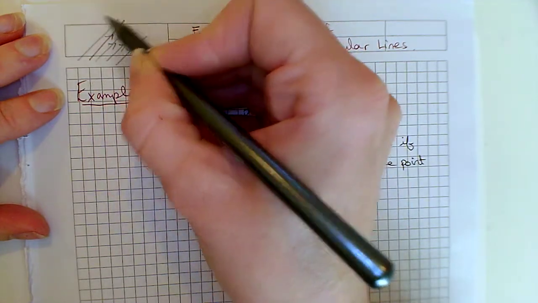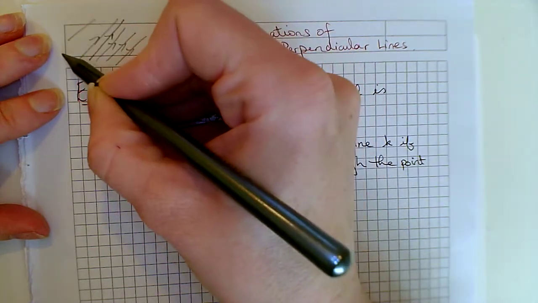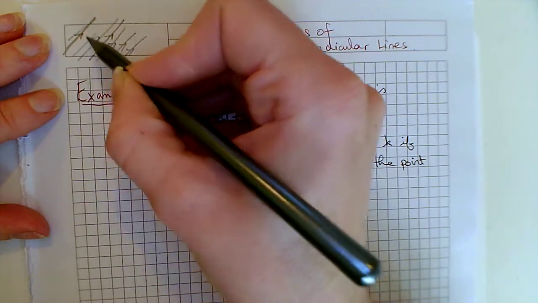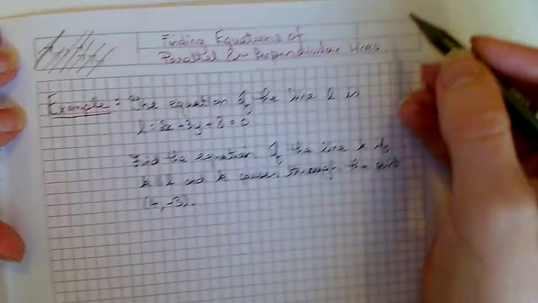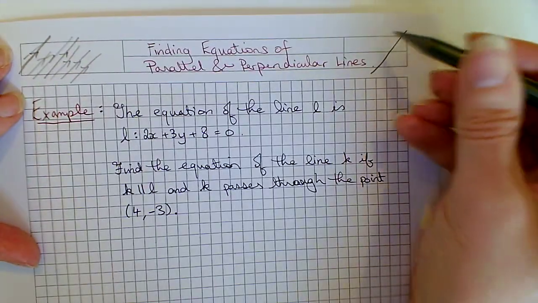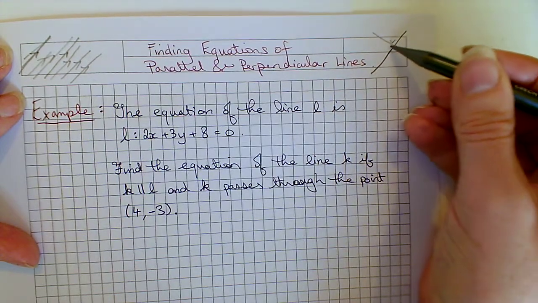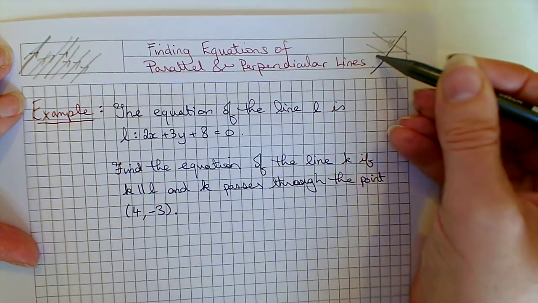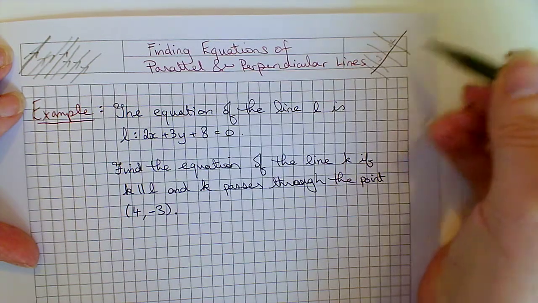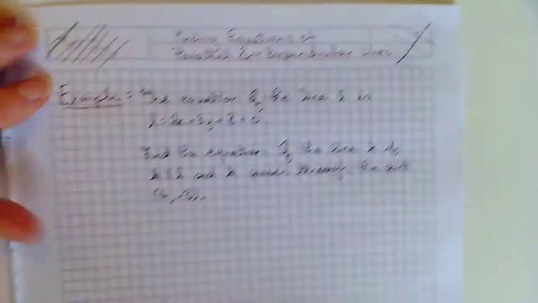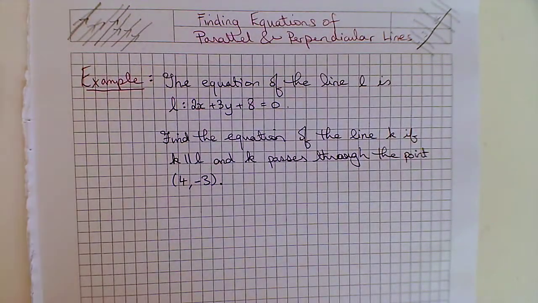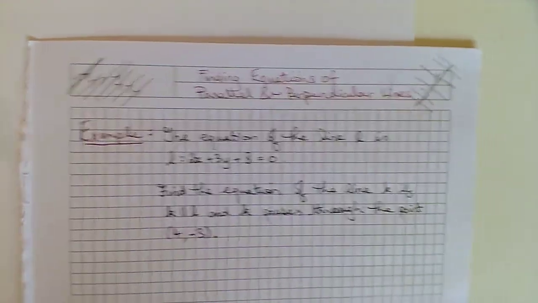I can actually draw an infinite number, if I draw them right, an infinite number of parallel lines. Or if I have a line, how many lines are perpendicular to it? And if I draw it right, I can draw an infinite number of perpendicular lines to a given line. So I need to know a point as well to narrow it down to one specific line.